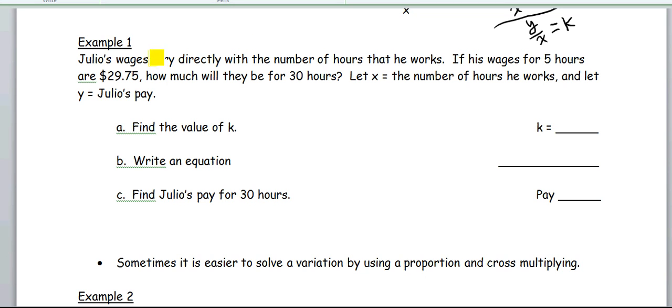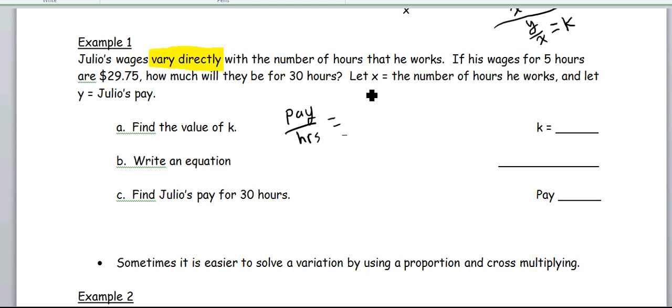Whenever you see varies directly or vary directly, I want you to start thinking proportions, because we can find these as a proportion. We've got x's number of hours and the pay. So if I have pay over hours, then I could do this.